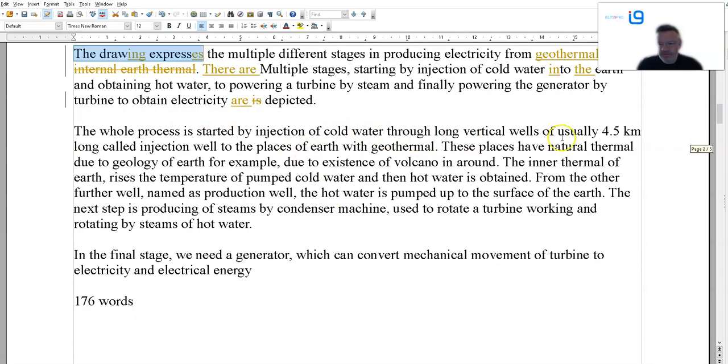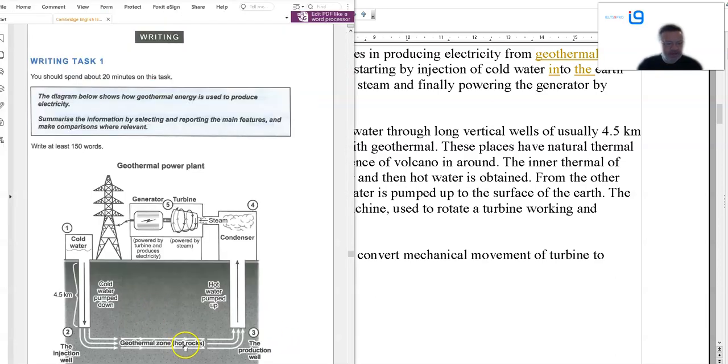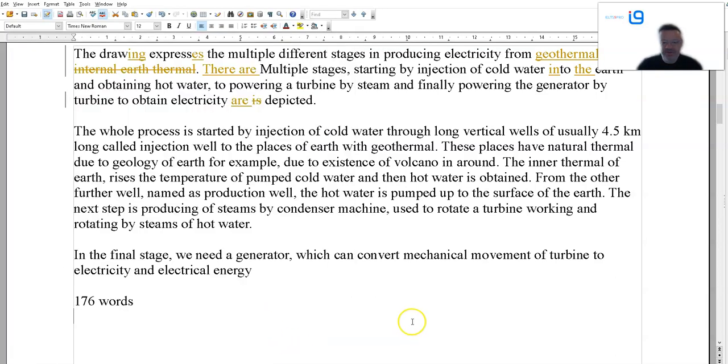So for the wells, long cold injection well to the places of the Earth with geothermal. Well, it simply says to the geothermal zone, so you could just say that to the geothermal zone. You could simply say that. There's nothing wrong with that.